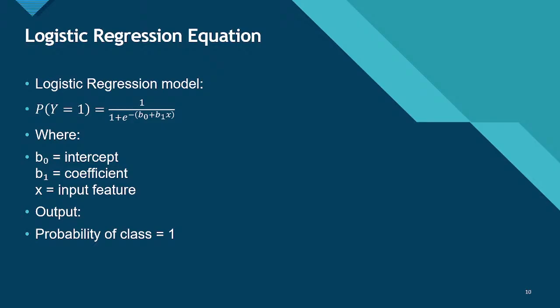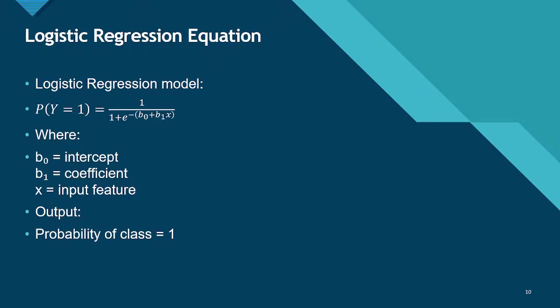How does it work? First, the model calculates the linear combination of input and coefficient: z = B0 + B1x. Then it applies the sigmoid function, the fraction and exponent part, to convert this z value into a probability between 0 and 1.